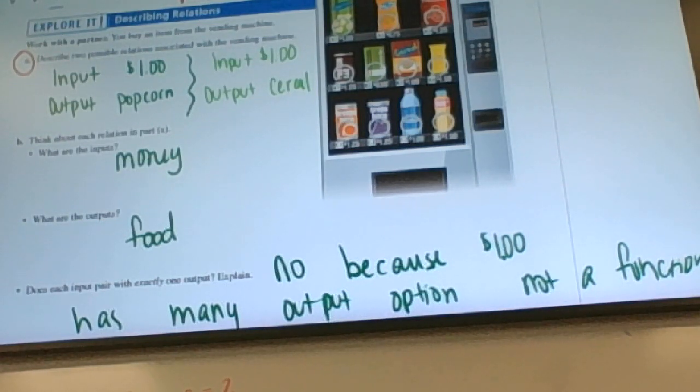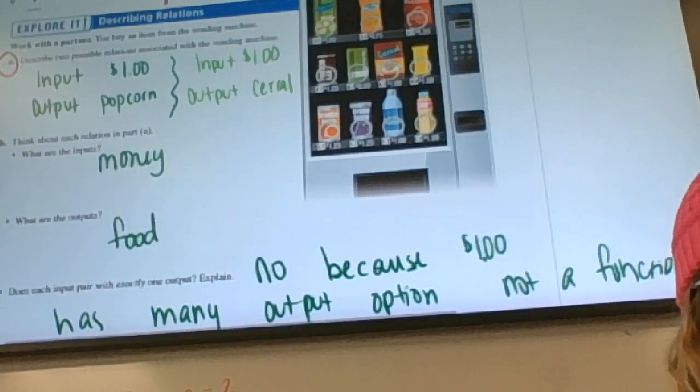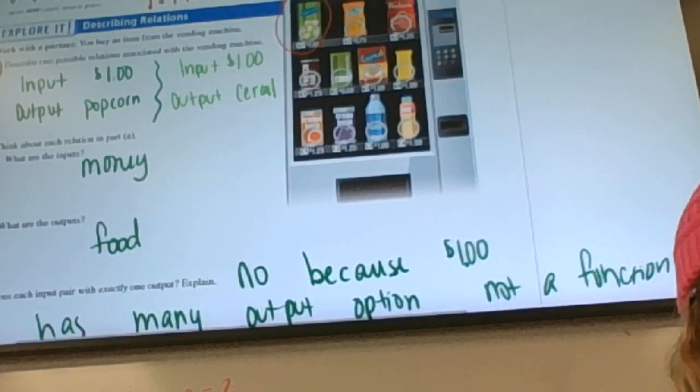Why wouldn't you be able to do a granola bar or something that's less than $1? You could. You could have picked anything. I only picked $1. You could say input 50 cents, output $1. If you input $1, the machine will give you popcorn or cereal, or a water bottle.